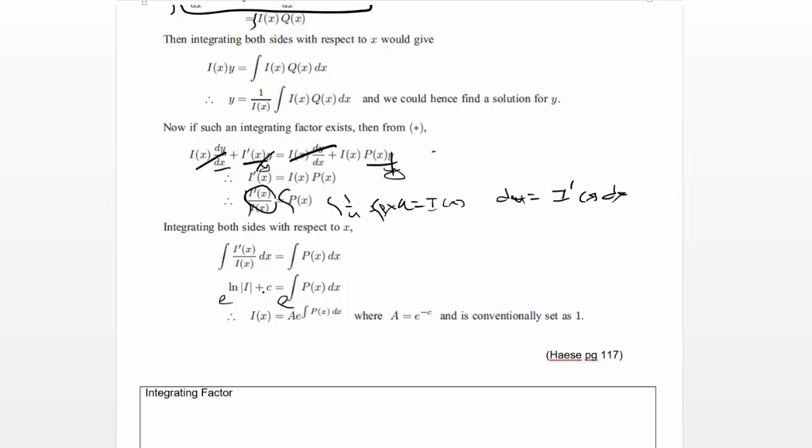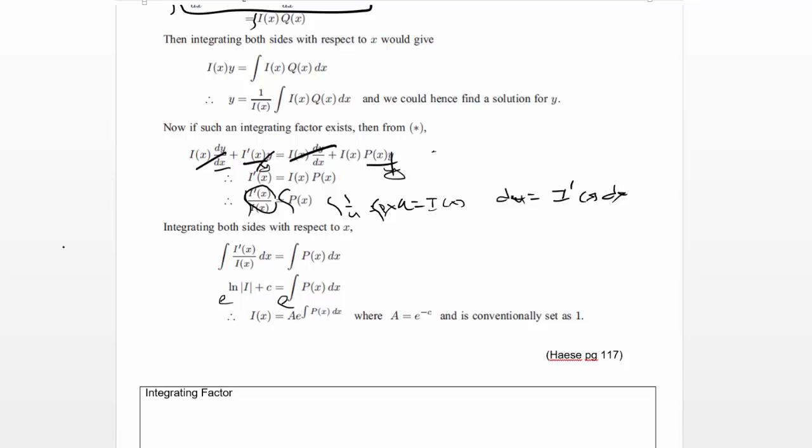We'll have e to whatever the integral of this function of p is. And then there'll be some constant of integration. And by convention, usually this constant of integration is taken to be 1 for simplicity's sake.